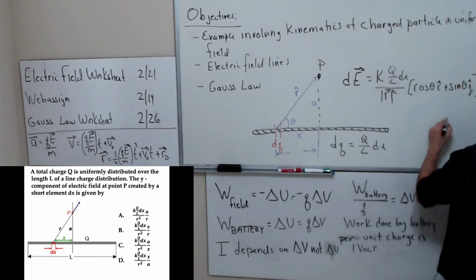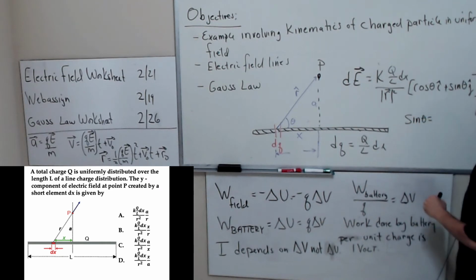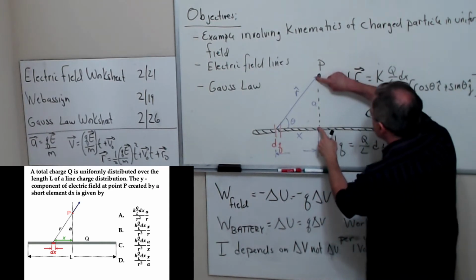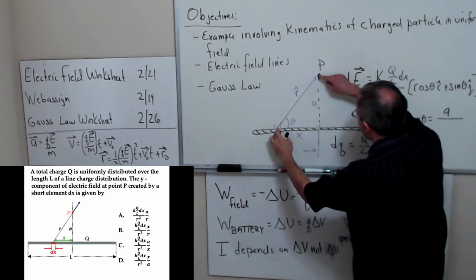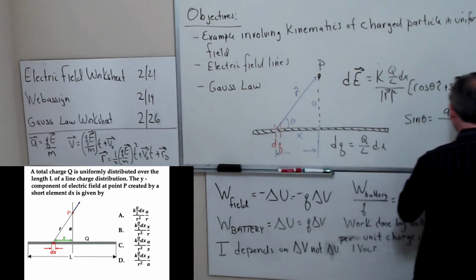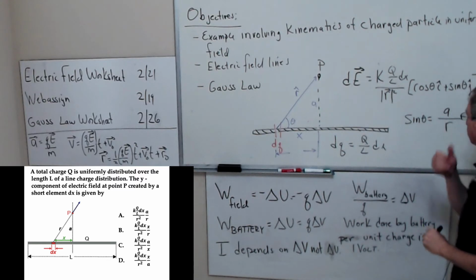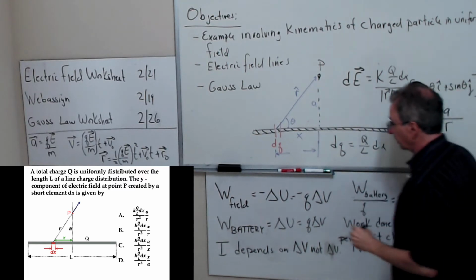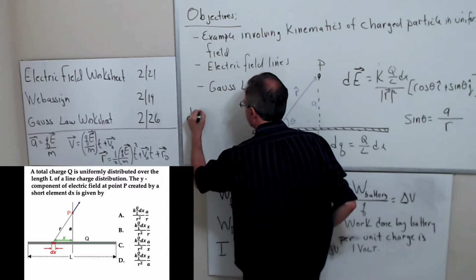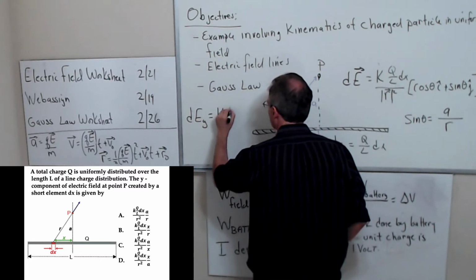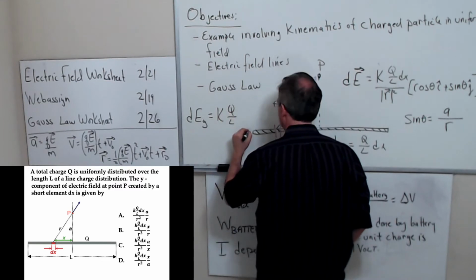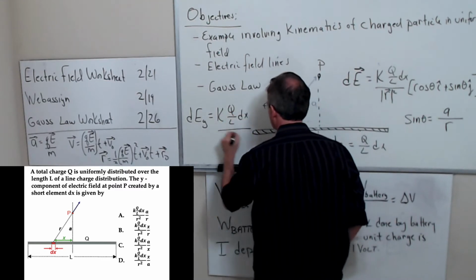But sine of theta is going to be equal to opposite over whatever this distance is, we'll call r. So the y component is going to be k, q over L, times dx.